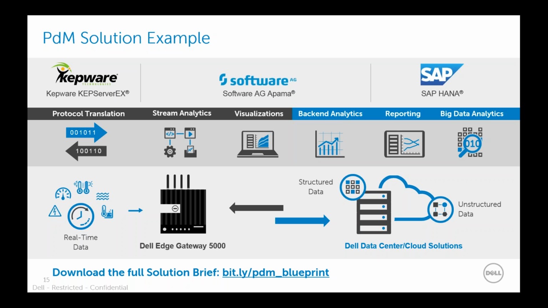Then on the back end, we're looking at doing the reports, using that structured and unstructured data from the data center to the cloud, passing that data back and forth between the gateway. SAP offers us that capability. So from Kepware to Software AG, as well as SAP, we can offer you an end-to-end solution.